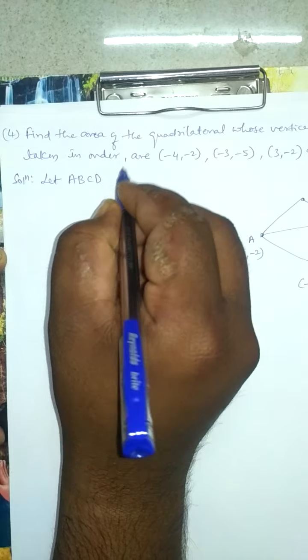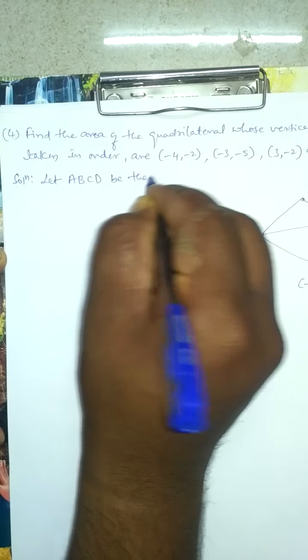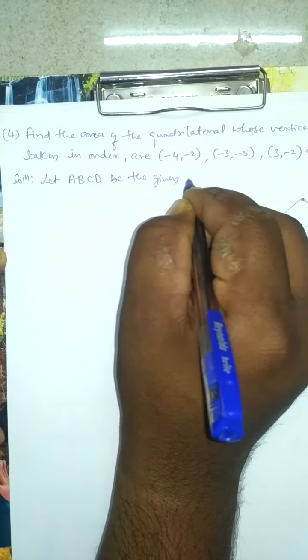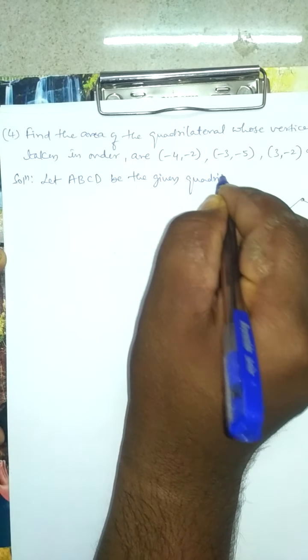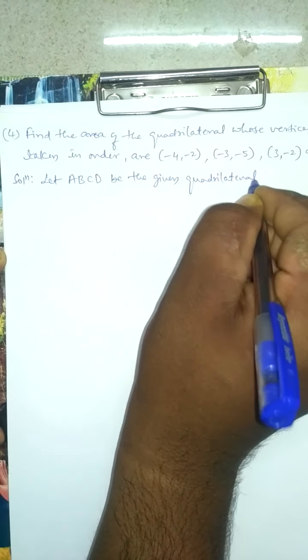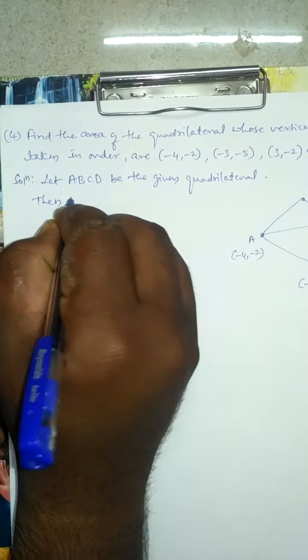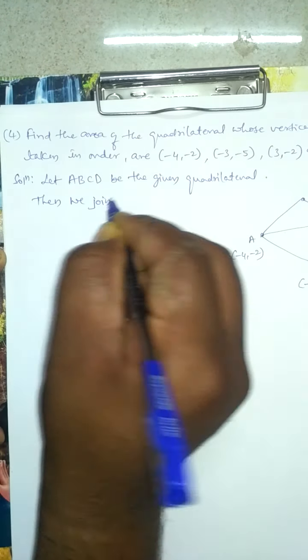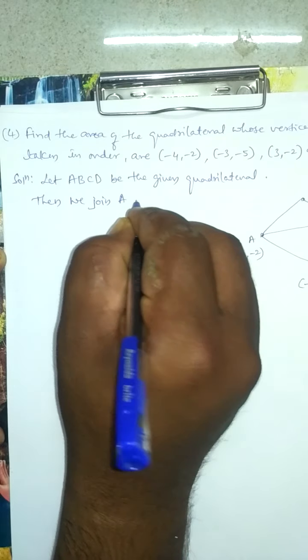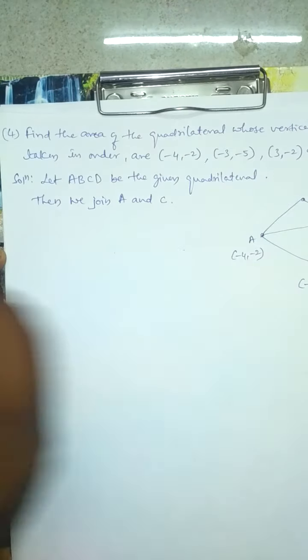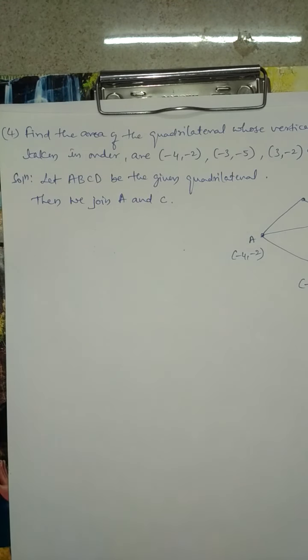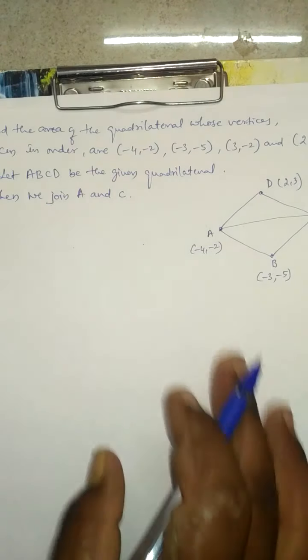So now here in this solution, let ABCD be the given quadrilateral. Then we join A and C. After joining A and C, that quadrilateral is divided into two parts.